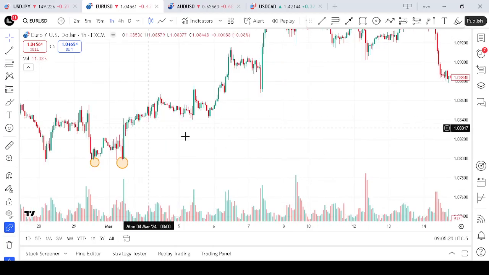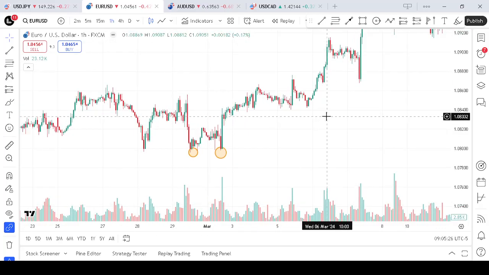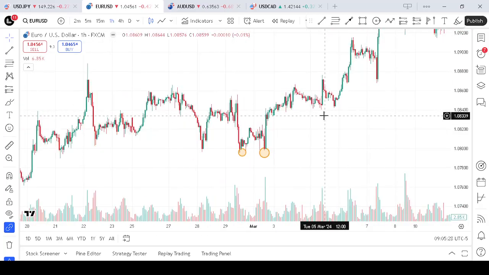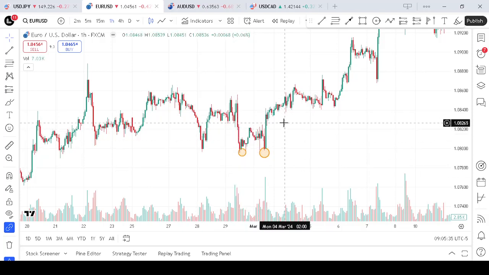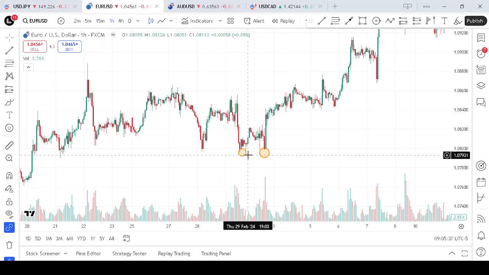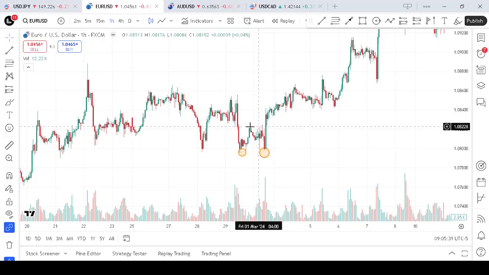appears after a downtrend and signals a potential bullish reversal. We can recognize this pattern by its distinct shape, two bottoms separated by a peak.